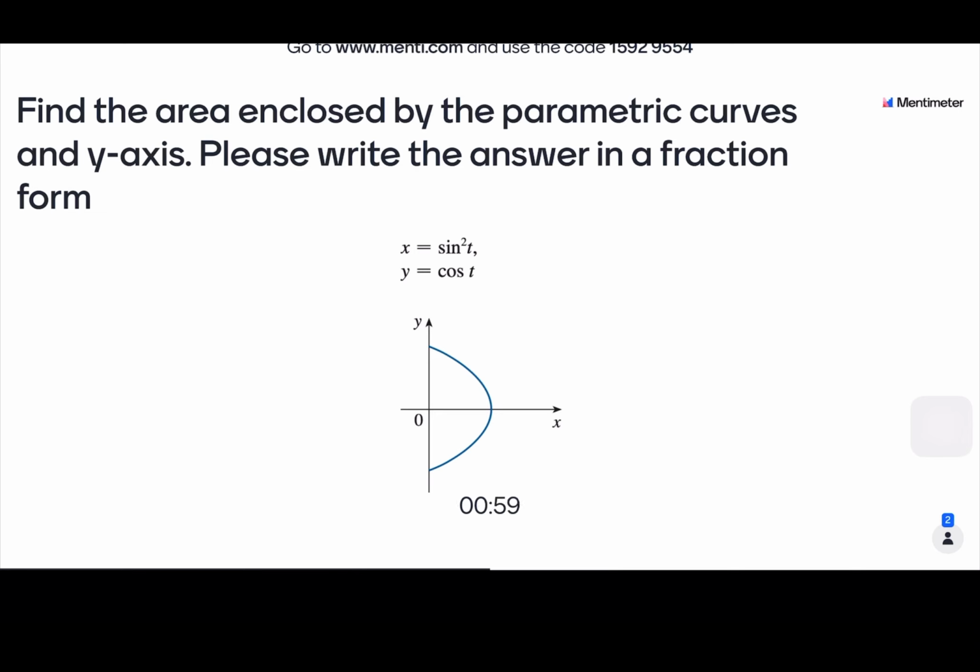Around 1 minute. Okay. 55. The idea is to check the interval first, which theta is on the given information, to find out the p.